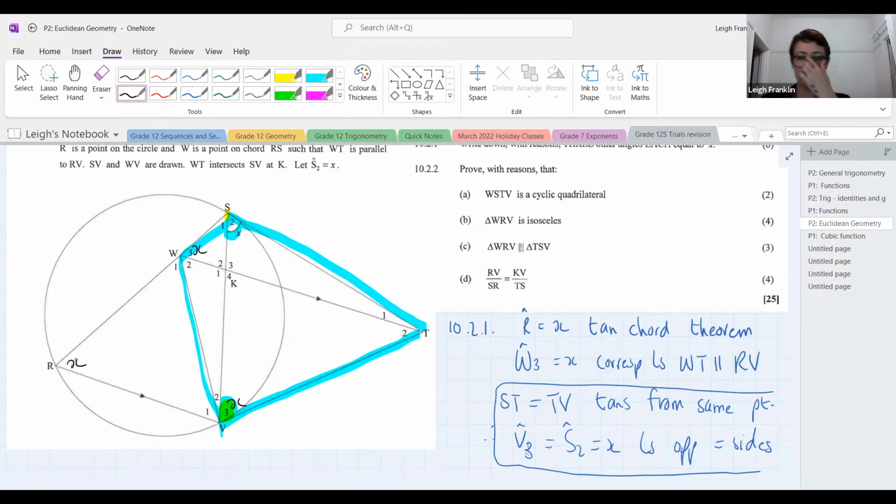Can anybody see it? Why is it a cyclic quad? Okay, so there's a bow tie inside, isn't there? I can draw the circle, but you know what?